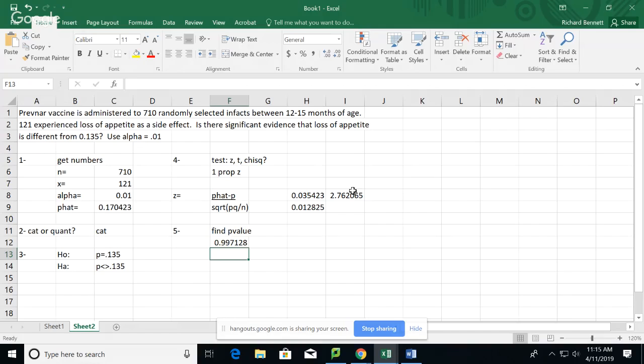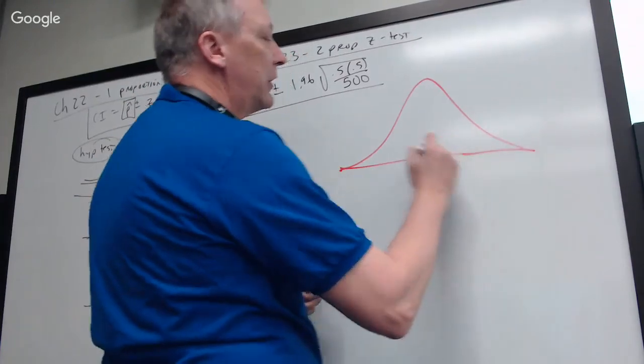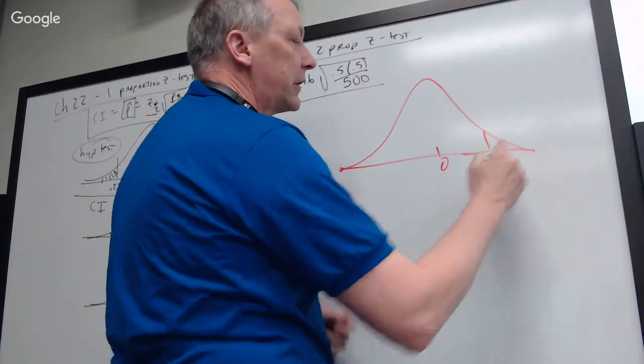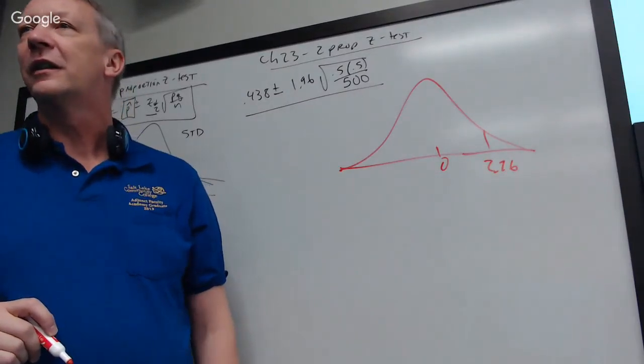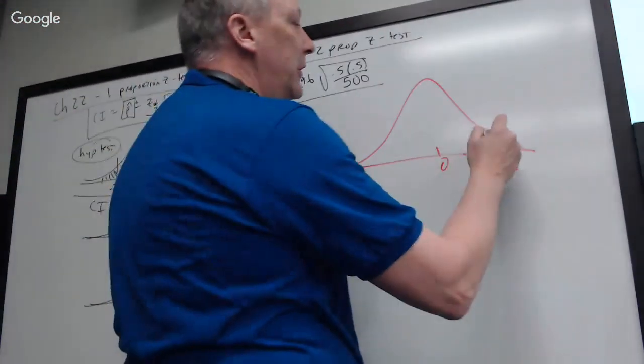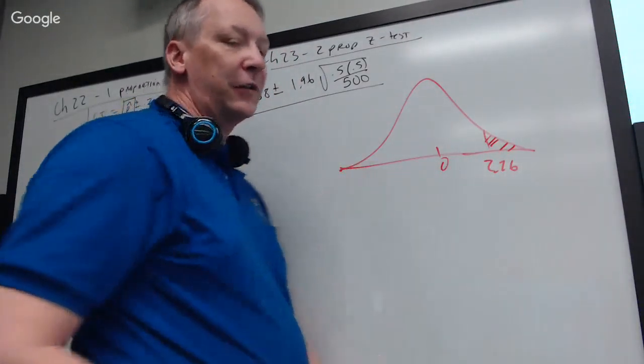What would Rick do? Draw a picture. Here's what happened. Draw our picture. We've got to do this quickly. We've got 0 here. I got a value of 2.76. What area do I want? To the right or to the left? I want it to the right. What did she find? Area to the left.